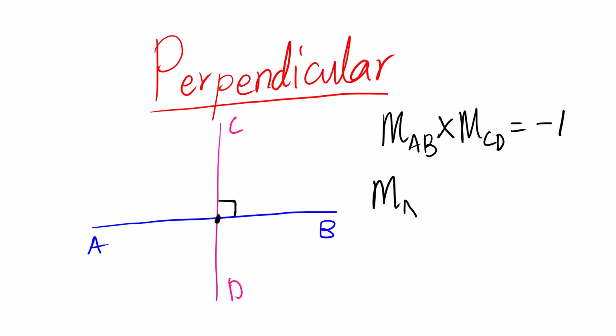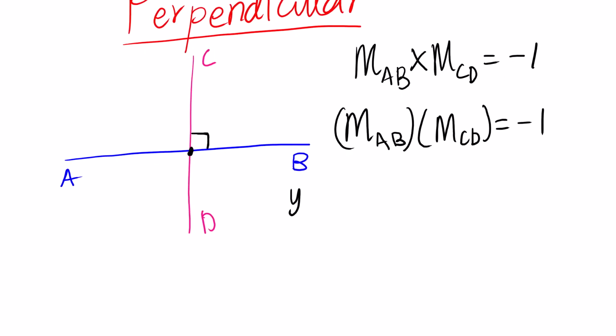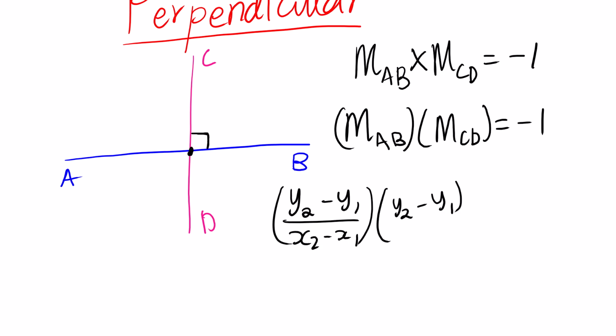We can rewrite it in terms of brackets. When you further expand this, it will be y2 minus y1 all over x2 minus x1, times y2 minus y1 over x2 minus x1, equal to -1. Remember, this is AB, this is CD.